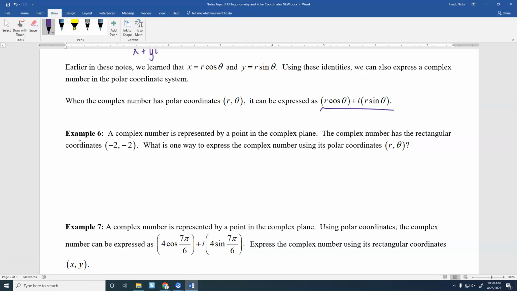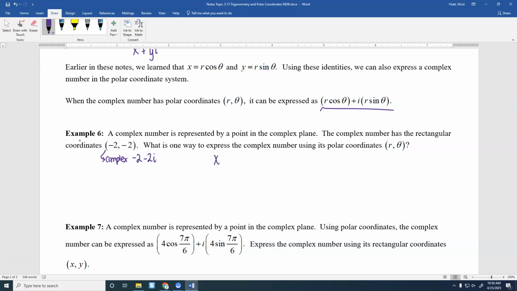Like, currently, this complex number using rectangular coordinates would be -2 minus 2i. We really just need to change our -2 to polar coordinates right here, and then we'll sub those in, right?